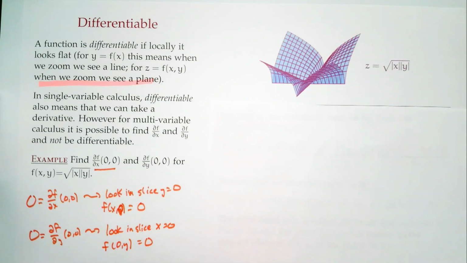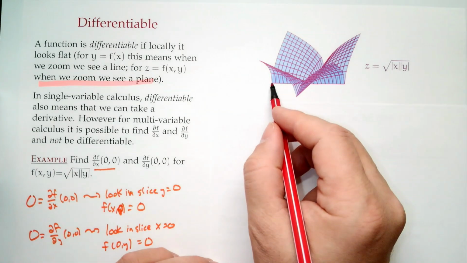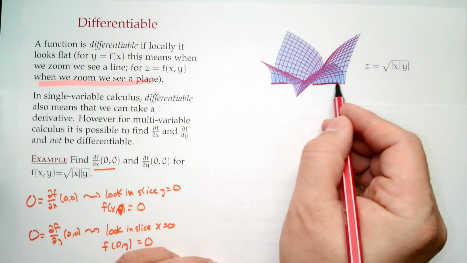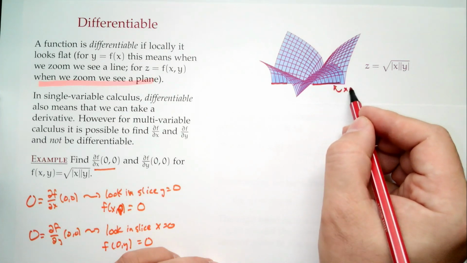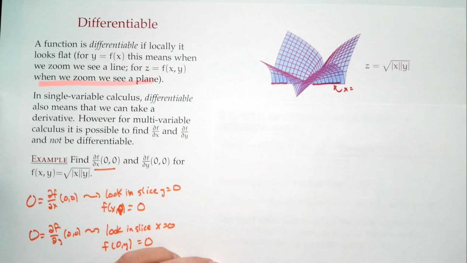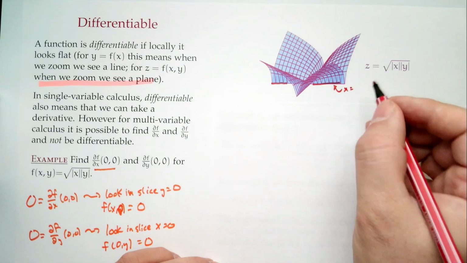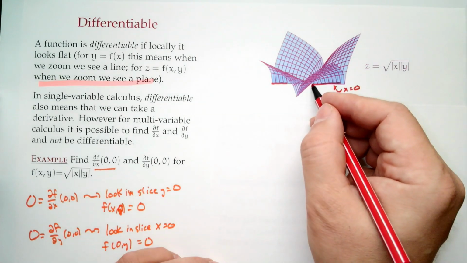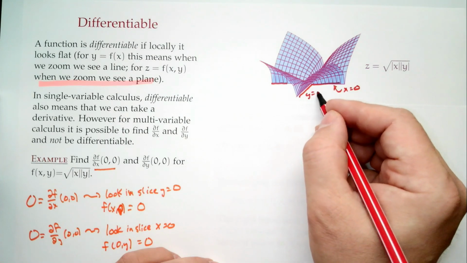Well, the answer is the function looks a little bit like that. And it's maybe not the easiest to see in this picture, but what you're seeing here is it's been pinched. So along here, this is the x equals 0 line. Wait, is that? No, let's see. X, yeah, it is. X equals 0. And along this line here, that's the y equals 0.